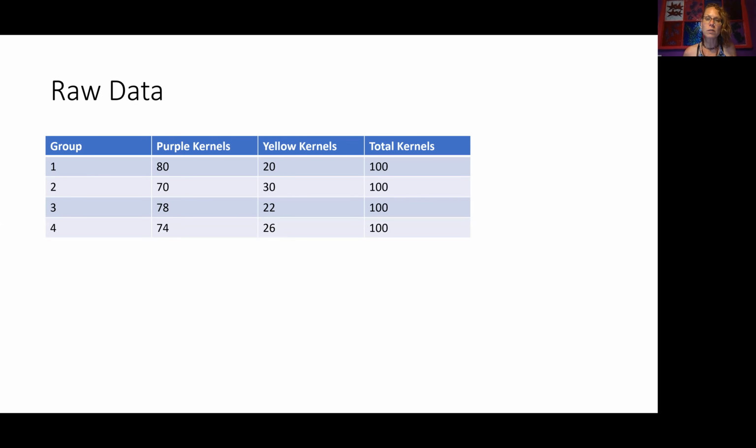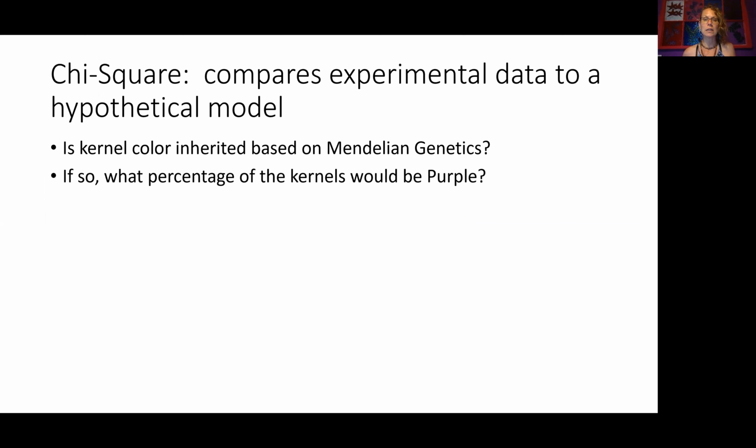So what we want to do next is learn how to do a chi-square statistical test. And a chi-square test allows us to compare our experimental raw data with a hypothetical model. In this case, our hypothetical model is based on Mendelian genetics and our Punnett Square.